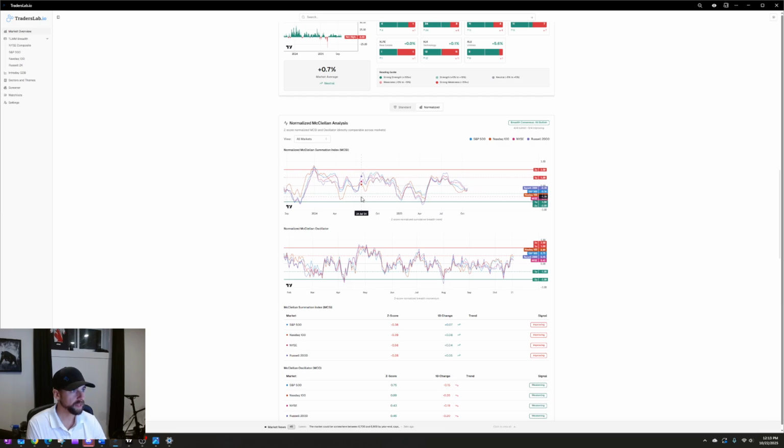And we have the same thing to the downside, where -1 standard deviation and -2 standard deviations are more of an extreme level to play against. So obviously that's how I use it. I'm pretty contrarian with the way I use my McClellan summation and oscillator as well.